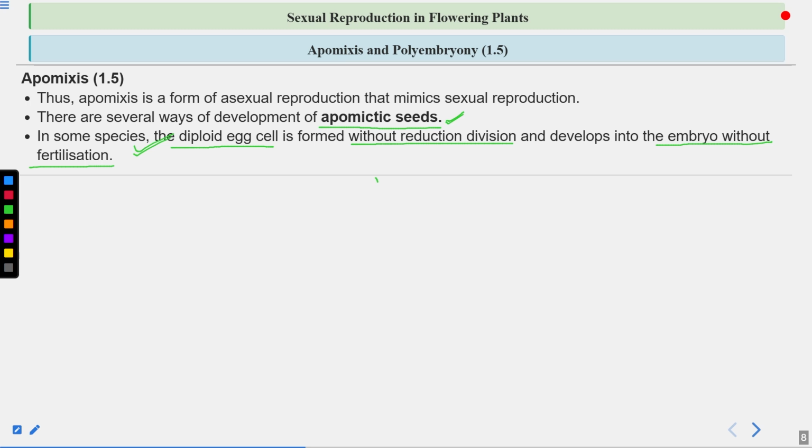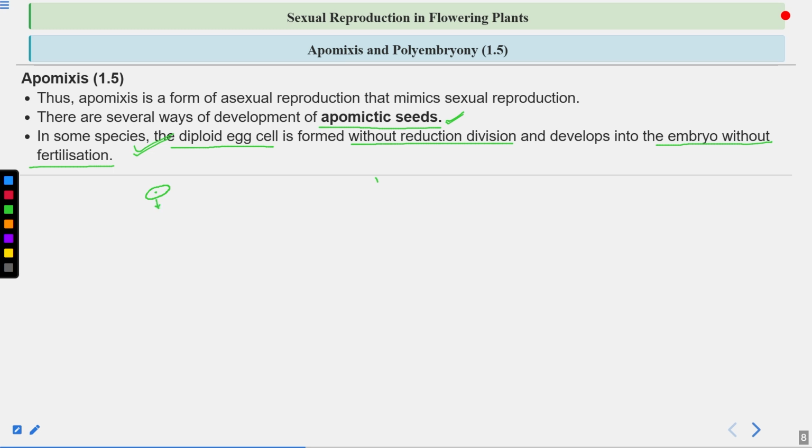But here, in some species, one of the diploid cells of the nucellus does not undergo reduction division. No meiosis takes place.